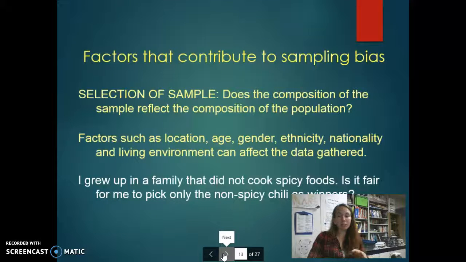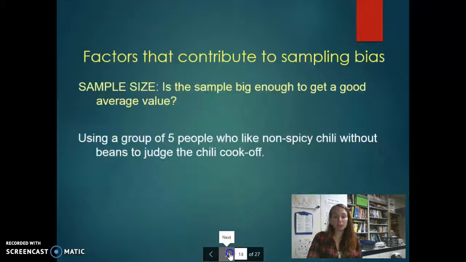So selection of the sample, you should be able to select anybody equally. So essentially, if I put everybody's name in a pot and I chose names out of that pot to be test tasters, then each one of those people would have an equal chance of being chosen. The sample size is also very important because not everybody has the same taste buds. Not everybody sees things the same way. Okay? So taking a small group of people versus a large group of people is not fair.